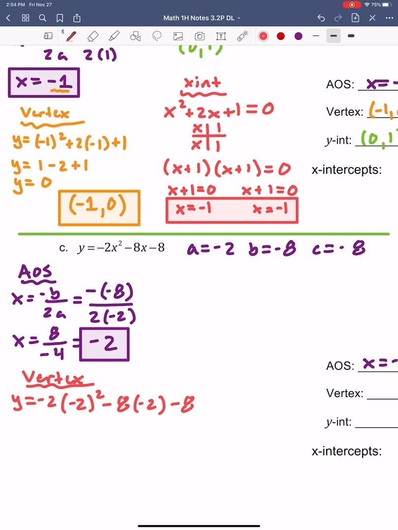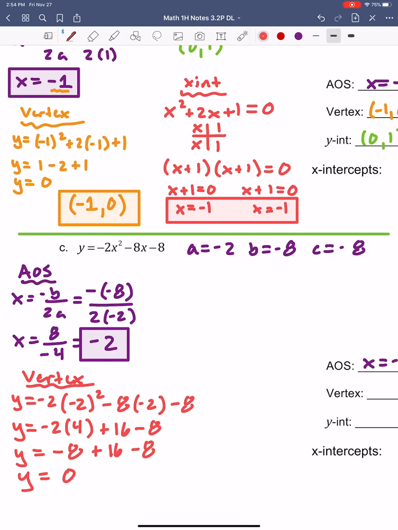And we'll simplify here. y equals -2 times 4 plus 16 minus 8. And of course, it's going to turn into -8 plus 16 minus 8. And we end up here with 0.